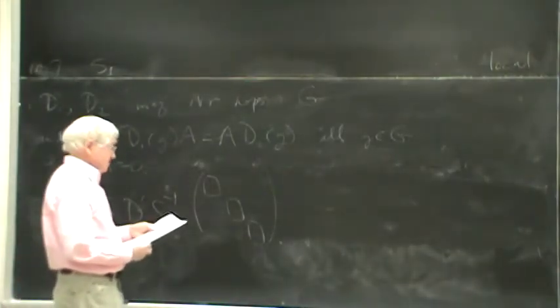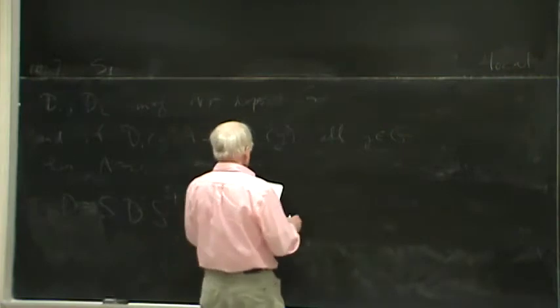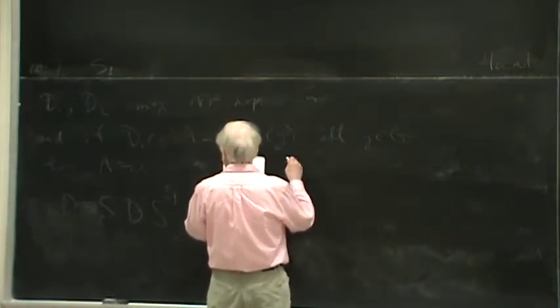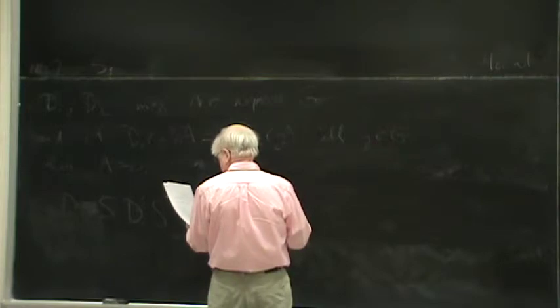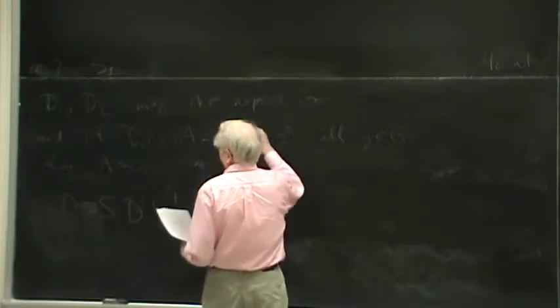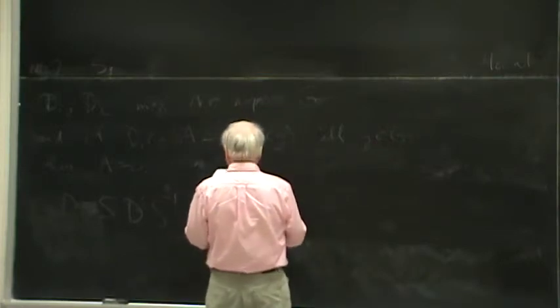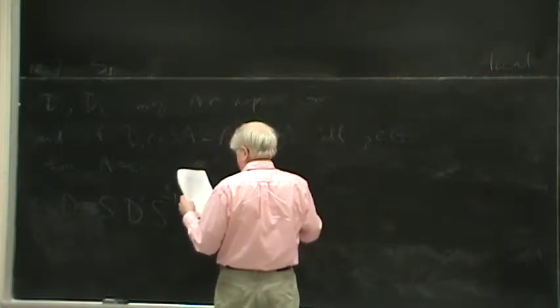Okay, what's part 2? Part 2 is, oh, by the way, I think I had to say finite dimensional. Well, presumably this is finite dimensional. We're talking representations and so forth.